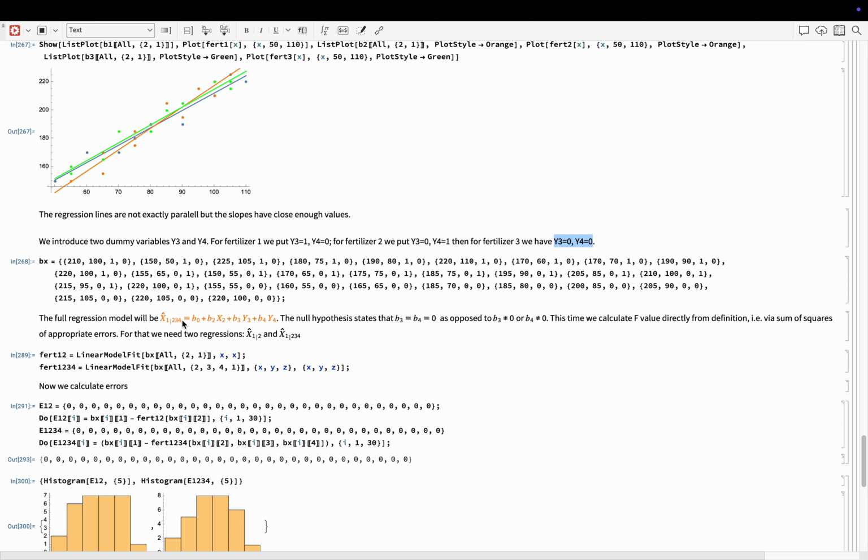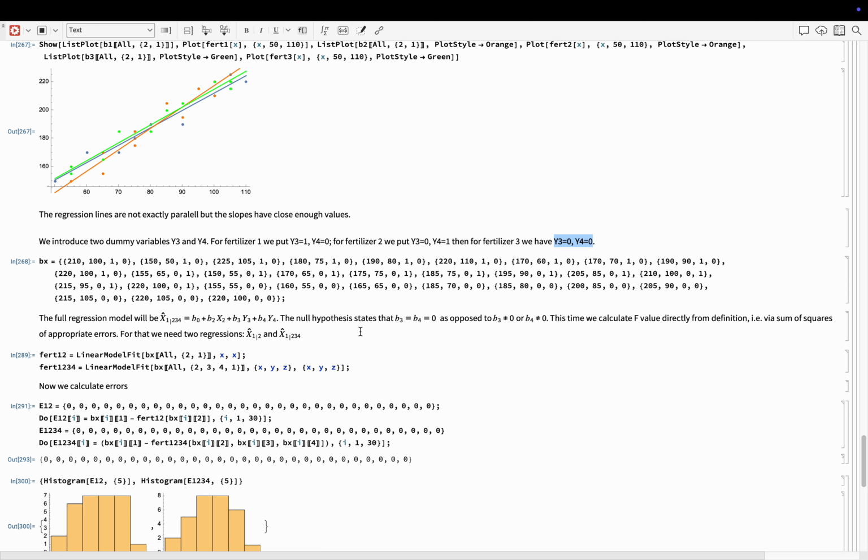Therefore, passing from the reduced model to the full model, we add two new variables, which are experimental, which will have an influence on the number of degrees of freedom in our experiment.